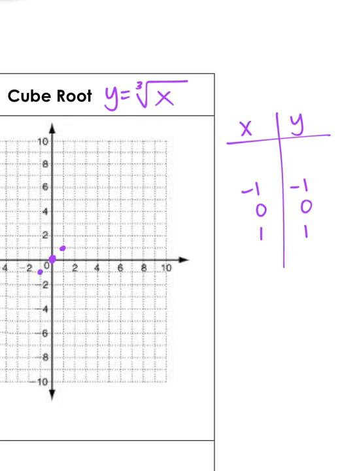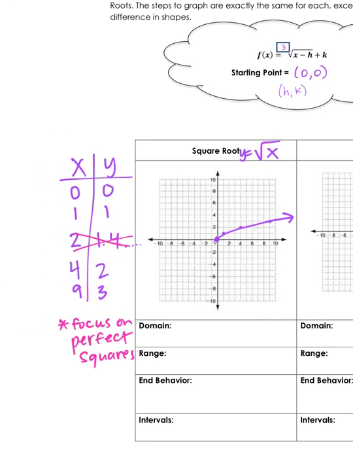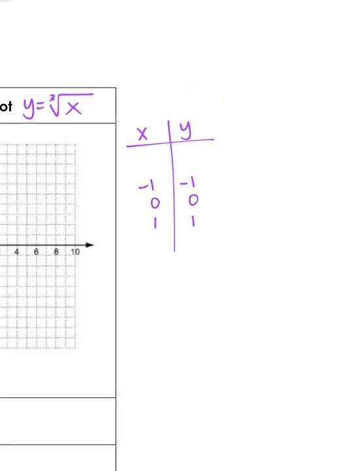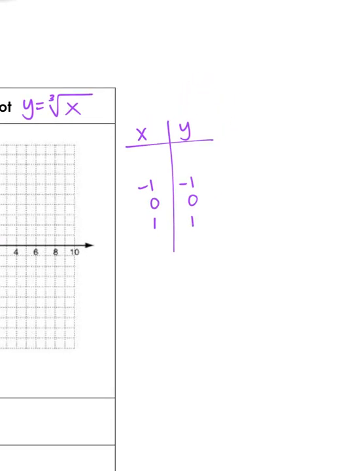But right now, I could draw a whole bunch of different lines. Like right now, I could just draw a straight line through all of these. So I'm going to need some extra points. Just like yesterday when we were looking for perfect squares, this time we are going to focus on perfect cubes.